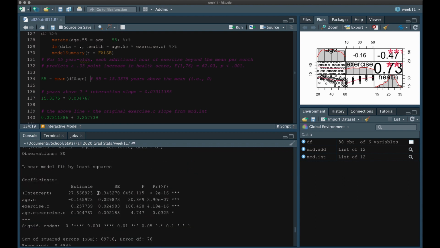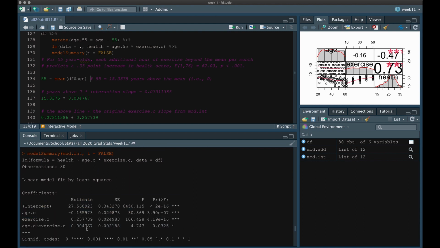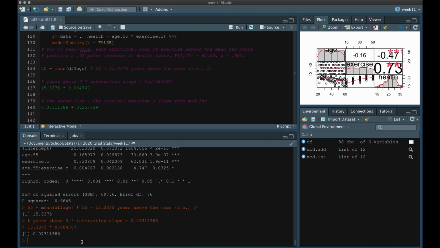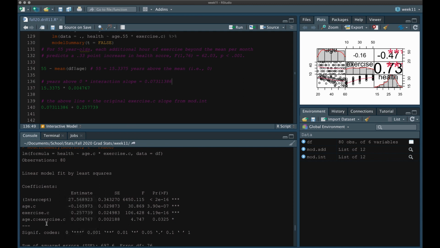So when we look back at our original model, for each 1 unit increase above the mean of age, we expect this much of a difference. So if we take that 15.3375 and multiply it by that B3, the slope of the interaction, we get this 0.07311386.